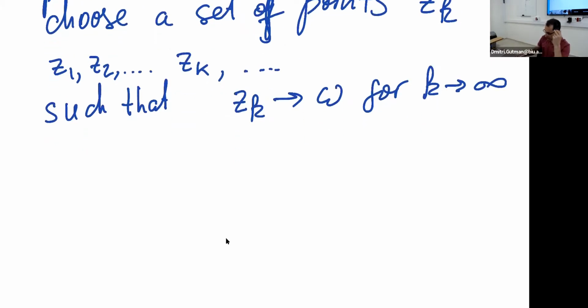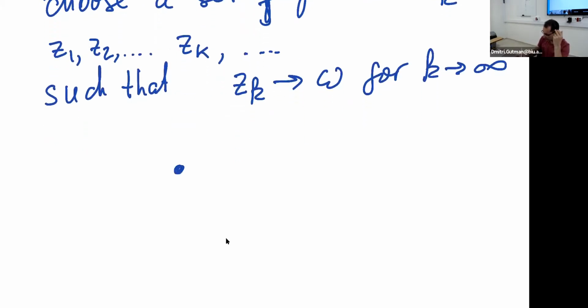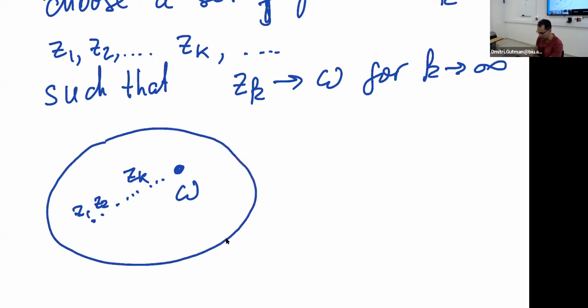So schematically, if there's a point w on the complex plane of essential singularity, I can approach this point in many ways. In particular, the claim is I can always choose a sequence of points, z1, z2, zk, that approaches the point w. So they all are in some small vicinity of this point. As k increases, they get closer and closer to the point w.